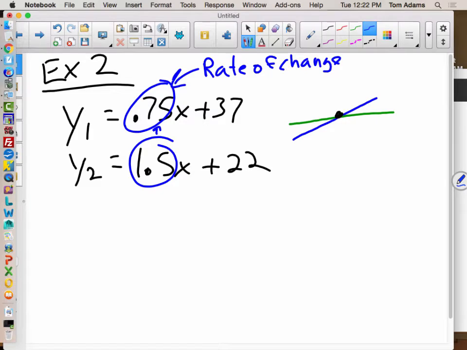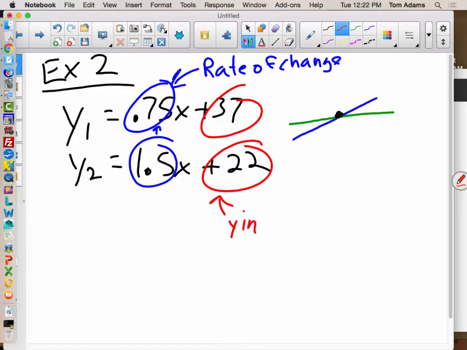Now, the second term is the y-intercept, right? So this is the y-intercept, and the y-intercept occurs when x equals 0. Okay? Now, if we're measuring in time, and time equals 0, what is this really?